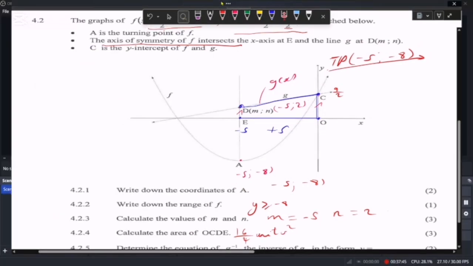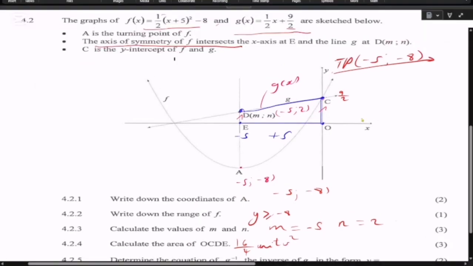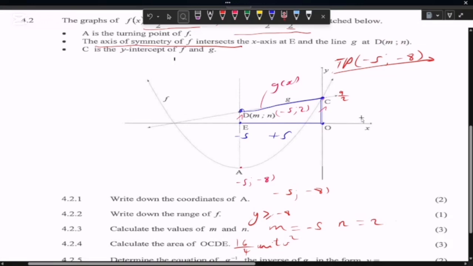Now, you will recall that an inverse graph is the graph that we obtain if we take the graph of g and then we flip the graph of g across a line. Now the line will be this one, y is equal to x.